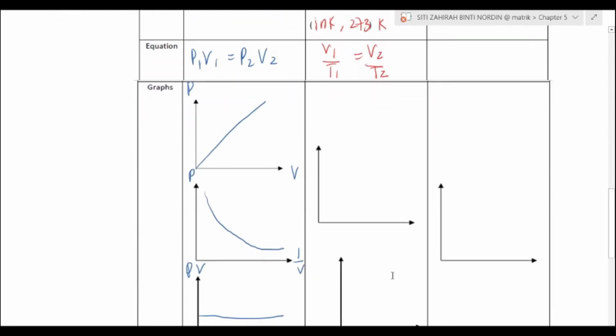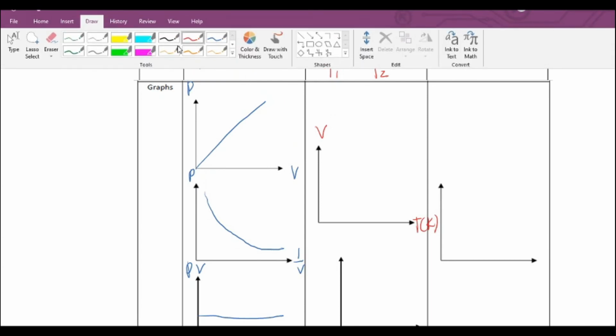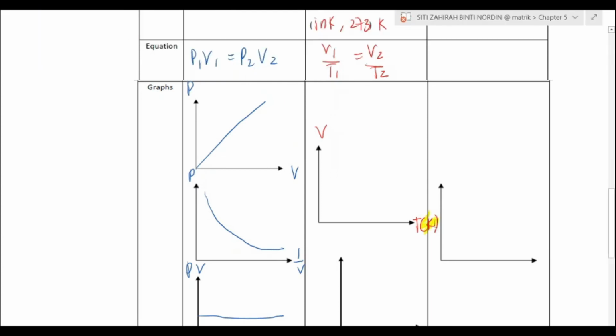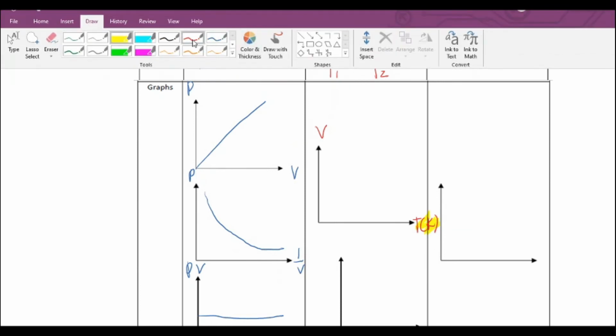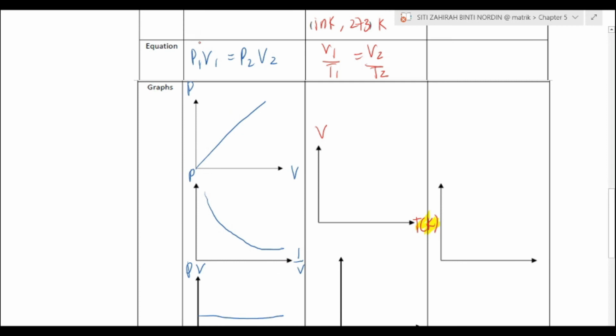Again, we say that for the graph of V and T in Kelvin, emphasize on the unit, class. The graph of volume over temperature in Kelvin would be directly proportional.